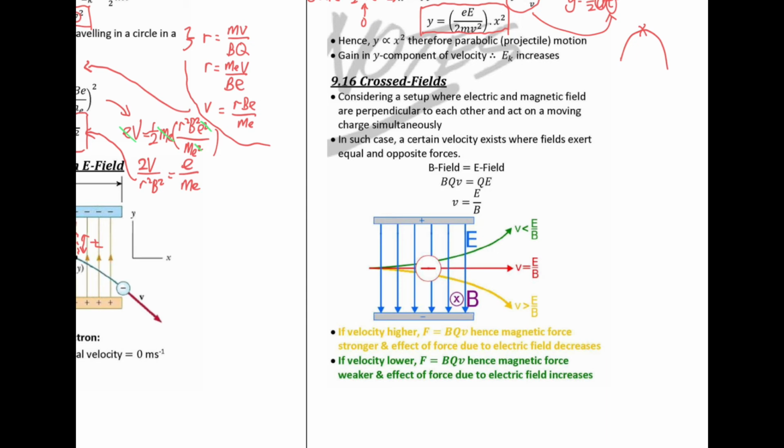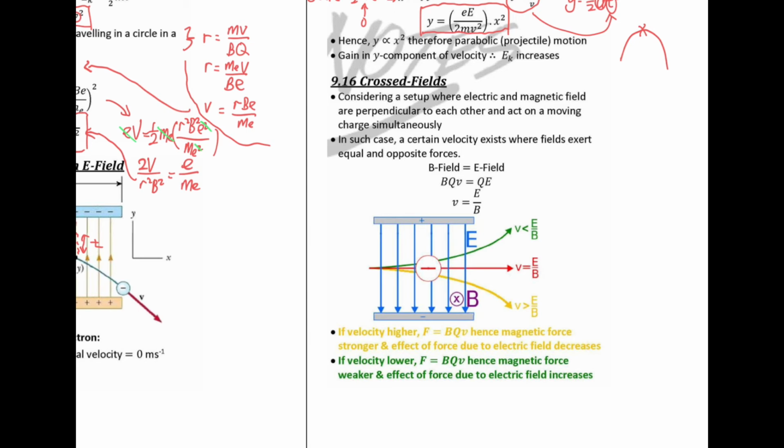So let us look at 9.16 now, cross fields. First point, considering a setup where electric and magnetic fields are perpendicular to each other and act on a moving charge simultaneously.